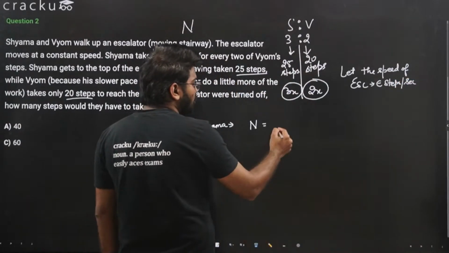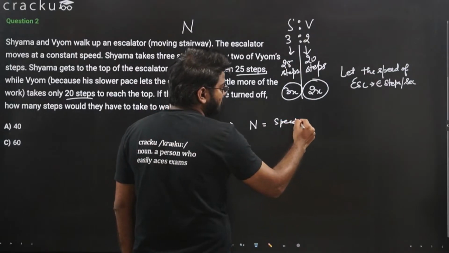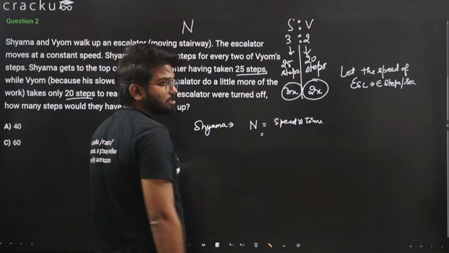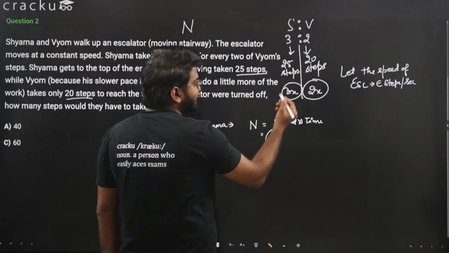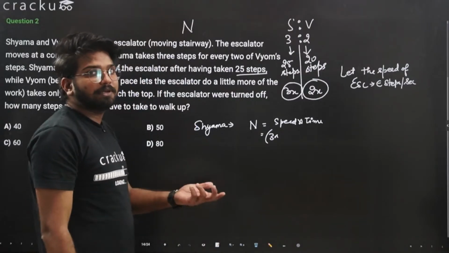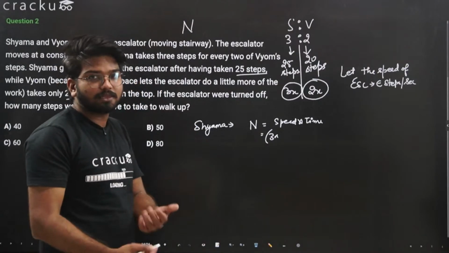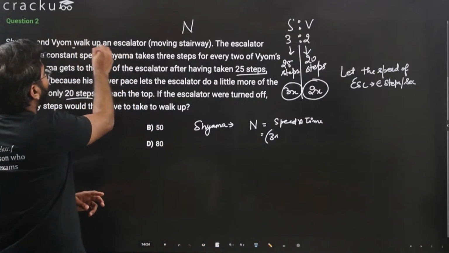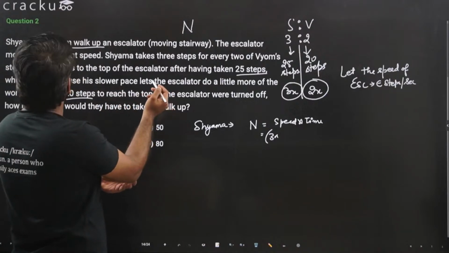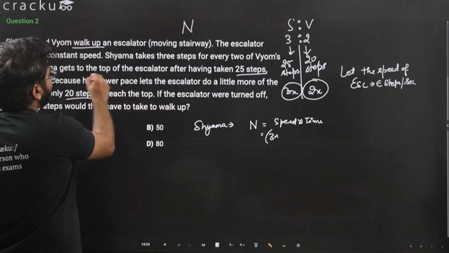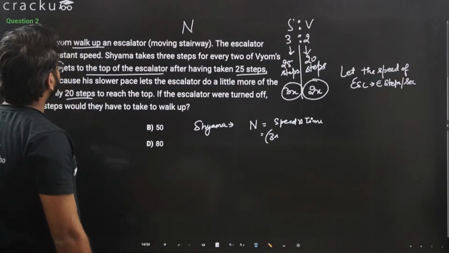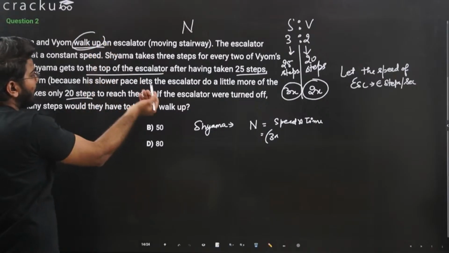So n is equal to speed into time. Speed in Shama's case is what? Speed of Shama, that is 3x, and both are moving in the same direction, they both are moving up.